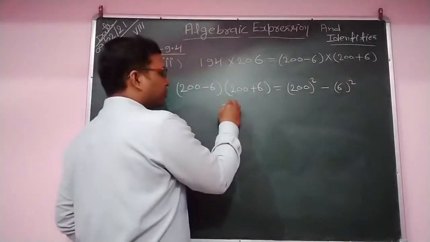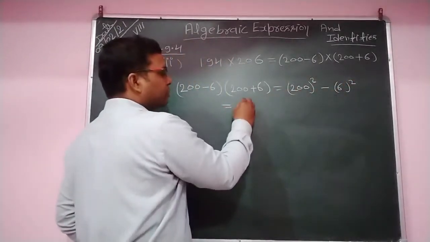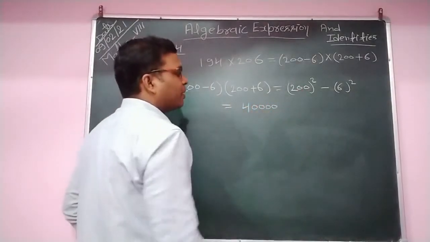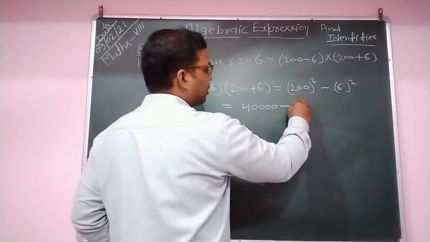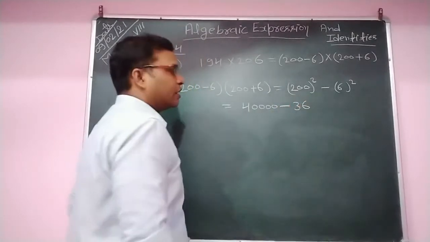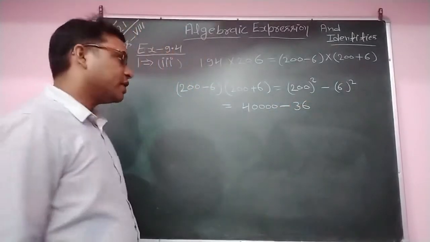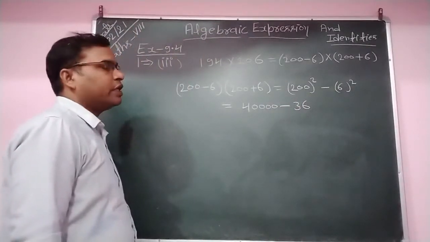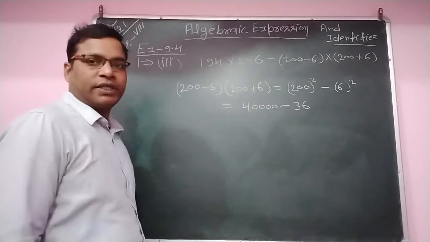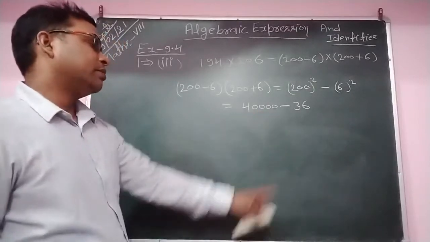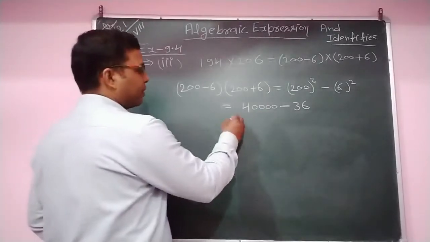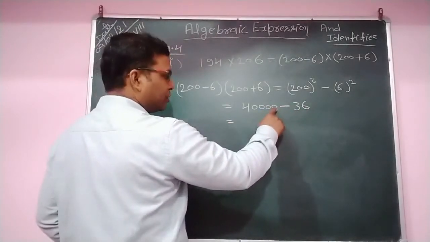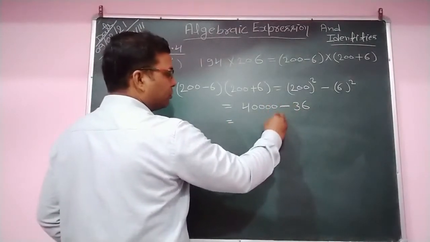So this is equal to the square of 200, which means 2 squared is 4, so 40,000, minus the square of 6, which means 36. Clear? Now if you subtract them, you get 194 into 206 equal to the subtraction of this. Subtracting 36, the 0 becomes 10, so it becomes 4.